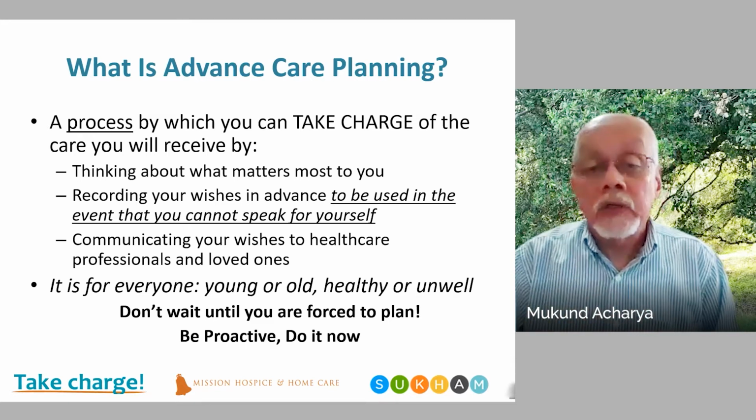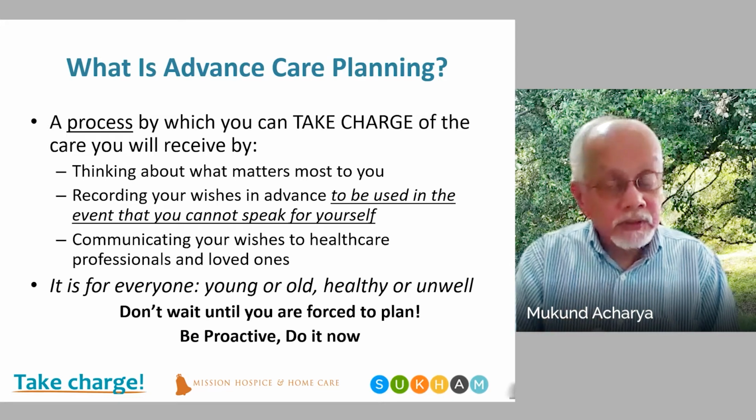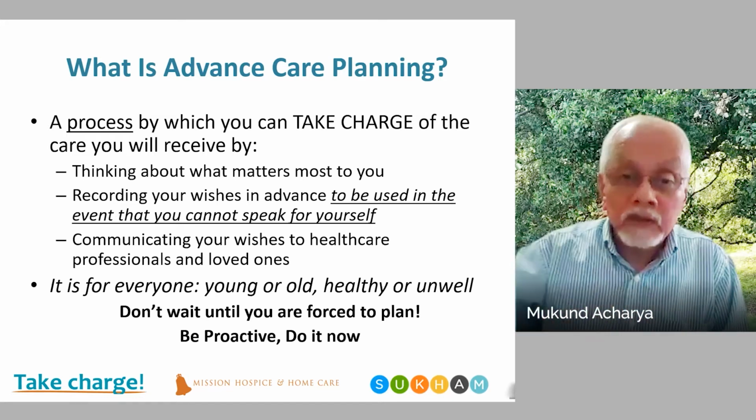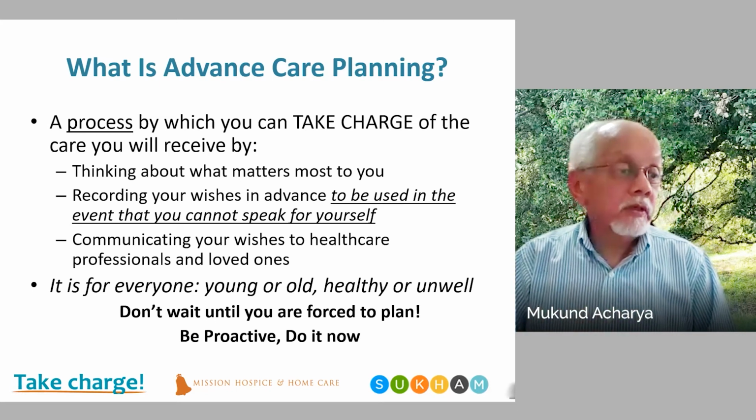As well as all your loved ones, especially the agent who's going to speak for you, but not only that person, but all the people around in the friend family circle who need to know about what your wishes are.